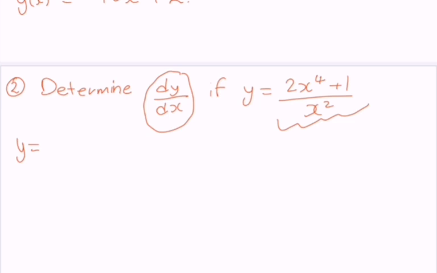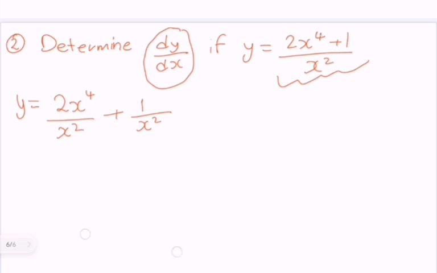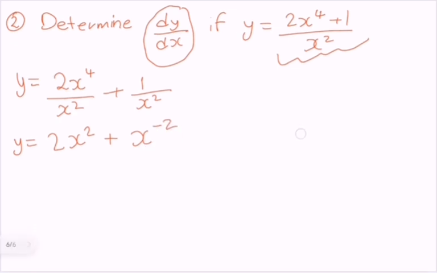You should simplify this first, and then that's when you'll write the dy over dx. So it will be like 2x to the power of 4 over x squared plus 1 over x squared. Then, as you can see on the first one here, it will be 2x squared plus, this one we take to the top, it's going to be minus 2. Then when we are here, that's when we can find dy over dx.